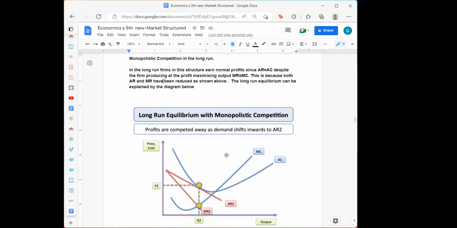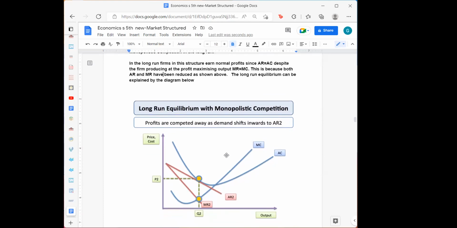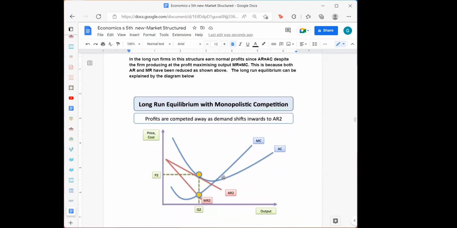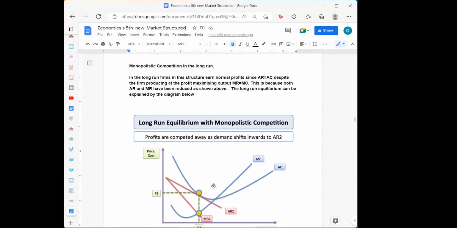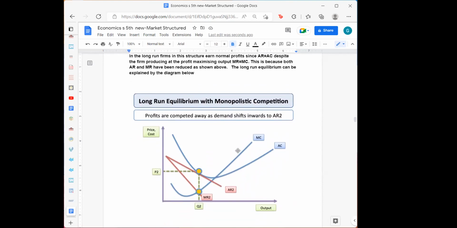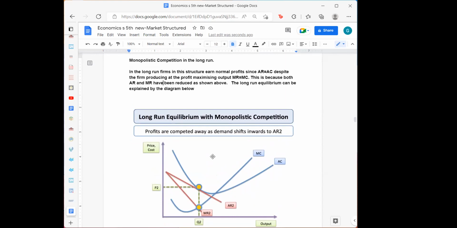And again, this is just the same diagram after the shift is accounted for, right? We shift from AR1 to AR2 just to show you again that at MR equal to MC, the new MR, when you go up, AC and AR are at the same level, showing normal profit, right?